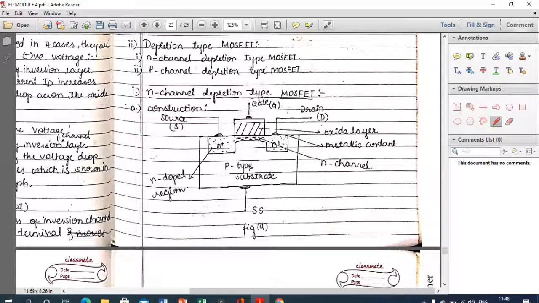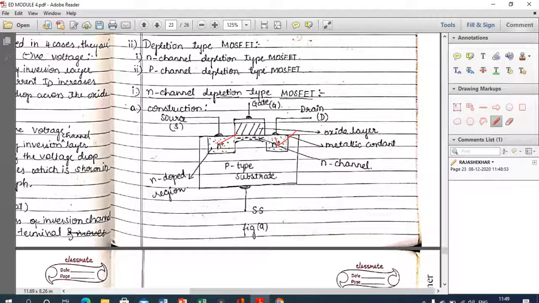First, it contains a p-type substrate, which acts as a foundation on which the device is constructed. Then it has two n-doped regions, where the electrons are the majority charge carriers.